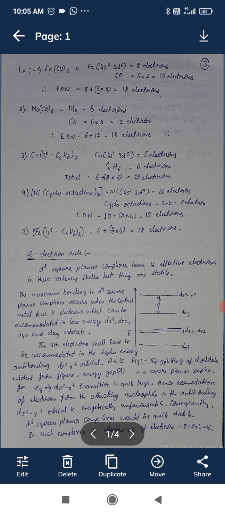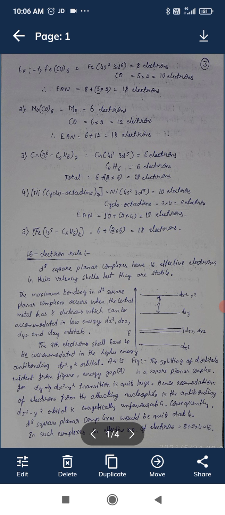The naming is also somewhat difficult with respect to these organometallic compounds. So chromium donates 6 electrons, and each C6H6 donates 6 electrons. There are two C6H6 molecules, so 6 into 2 is equal to 12, plus 6 is equal to 18 electrons.